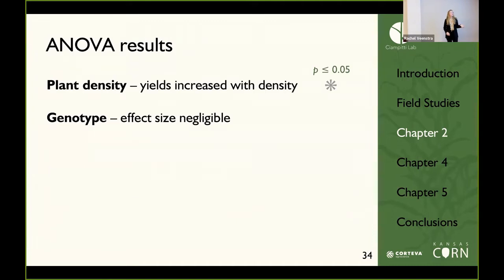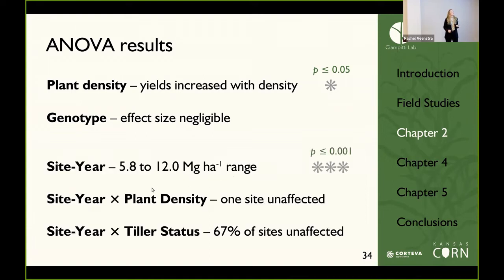What we found is plant density and genotype were both significant at the 0.05 level. Essentially, yields increased with greater plant density, which based on the graph we saw earlier, we would expect. The genotype was significant, but the effect size that we saw was not large enough to really be meaningful. It was very negligible, the difference between those yields.